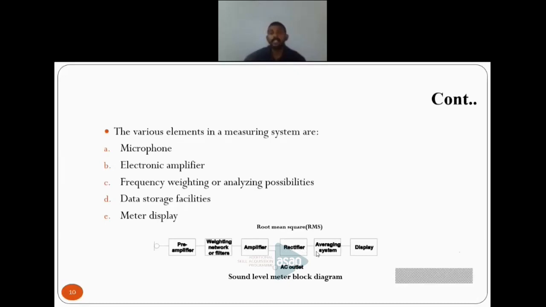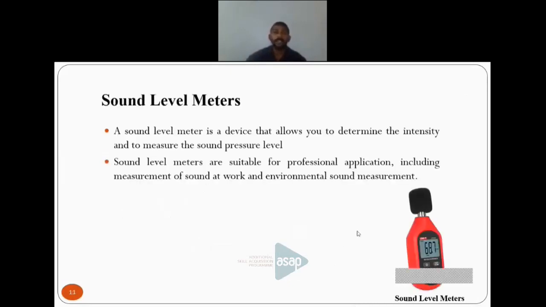After that, in the averaging stage, since we want to display the signal in decibel, the signal goes through a logarithmic circuit and is displayed on the decibel scale.